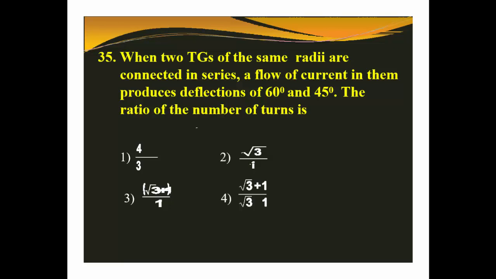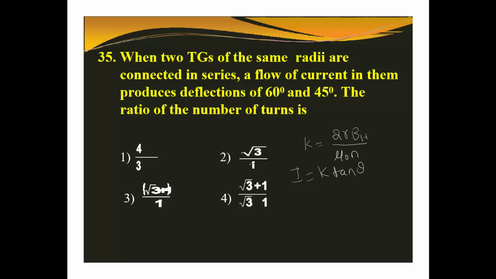The ratio of the number of turns in them is? So I will go for the reduction factor of a tangent galvanometer. The formula for the reduction factor is 2RBH divided by mu naught n. The general formula for a tangent galvanometer is I equals K tan theta.